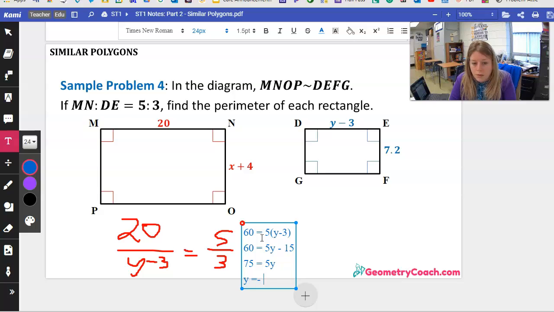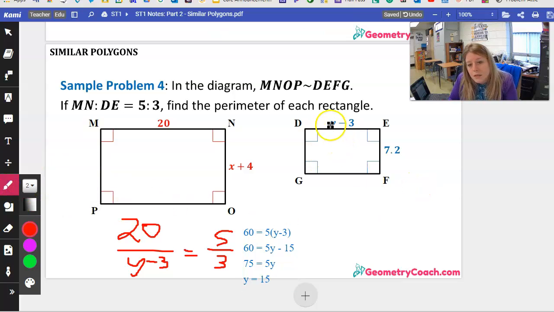So y equals 15. So that means our side length over here is going to be 12, because it's 15 minus 3. Okay, and just check that. 20 divided by 4 is 5. 12 divided by 4 is 3. Okay. And then you can do the same thing the other way.